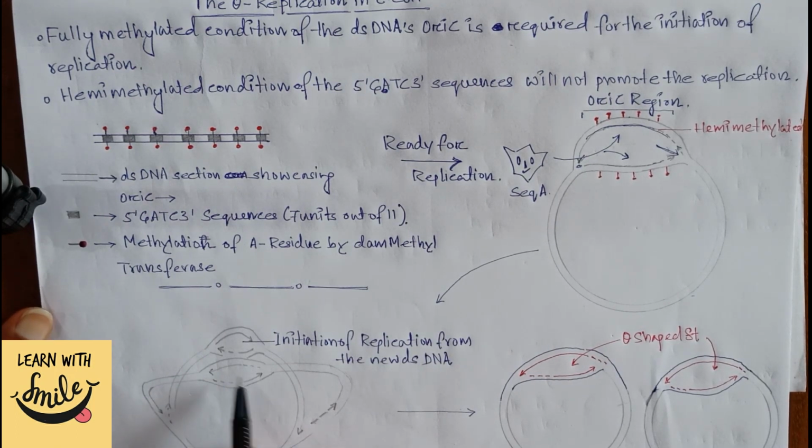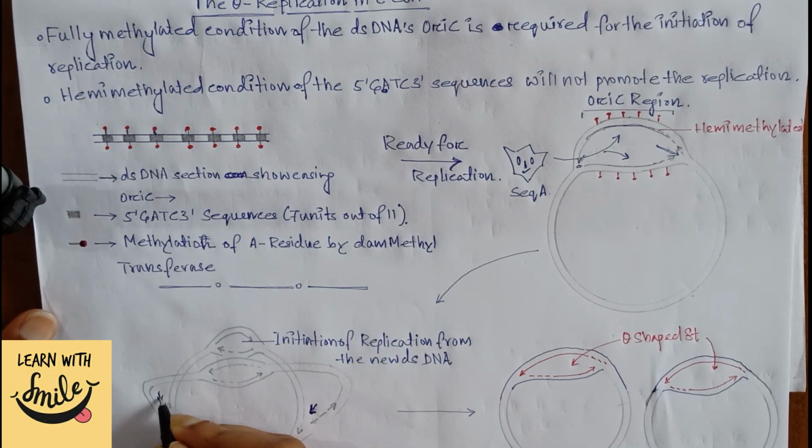Now here you can see that even before the first round of replication is completed, see, this is the replication fork, right? This replication fork is not yet terminated, and at that particular time there is an initiation of replication from the newly synthesized double-stranded DNA with the formation of 6 replication forks.